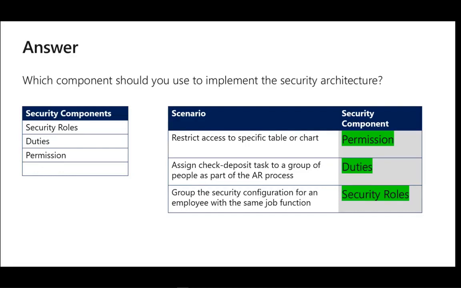That's why we map it to permission. Check deposit is a task for a function a user needs to perform, so this is the duty we map to. Multiple duties are assigned to a group of employees, which is the function of a security role. That's why we map grouping the security configuration of employees with the same job function to security roles.